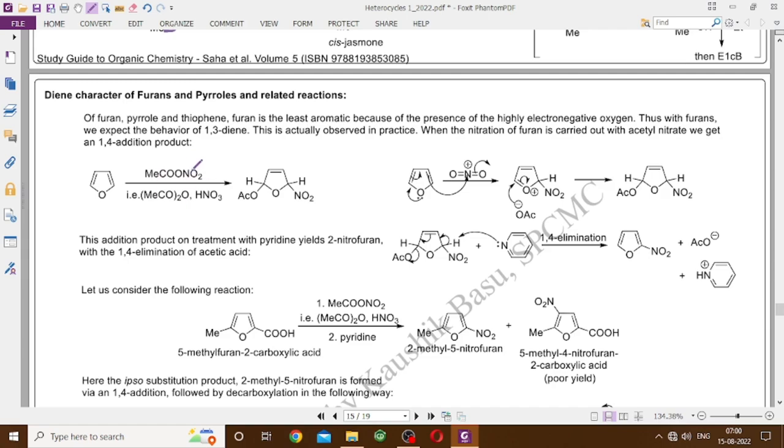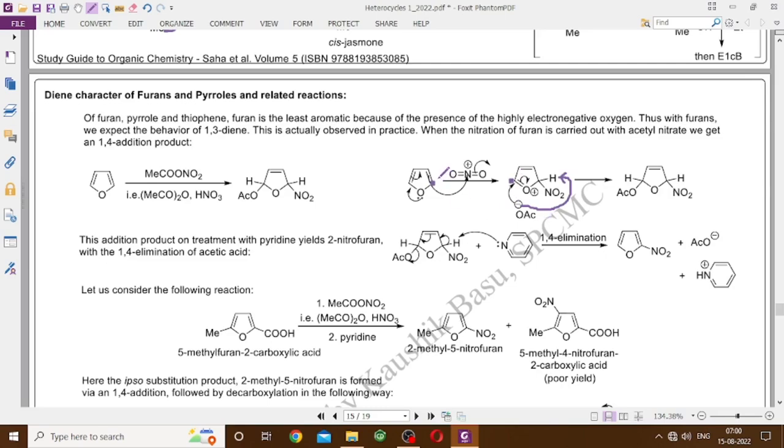In acetyl nitrate, the possible electrophile is NO2+, and this furan ring will preferentially add this nitronium at this alpha position because of its tremendous alpha directing ability. Instead of acetate acting as a base and abstracting this proton, which is expected normally for a sigma complex resulting from a benzene or a benzene derivative, it acts as a nucleophile and adds at the other alpha position.